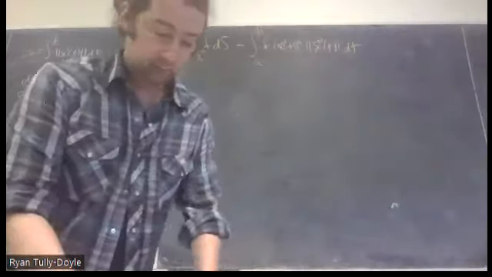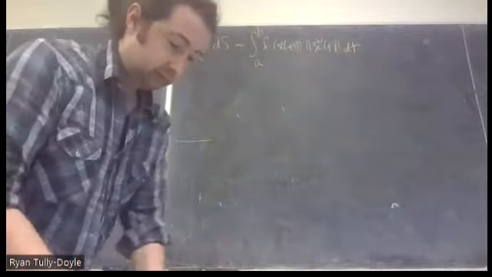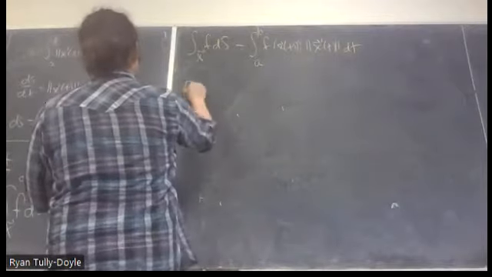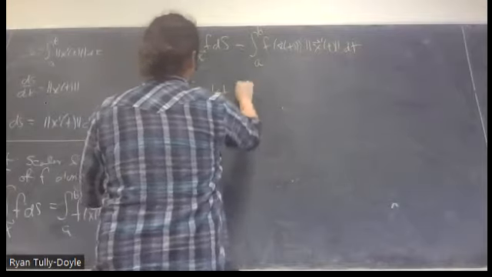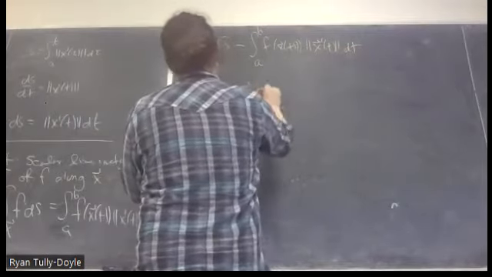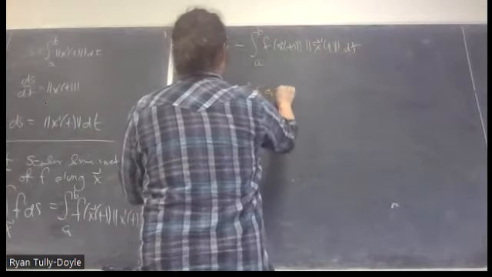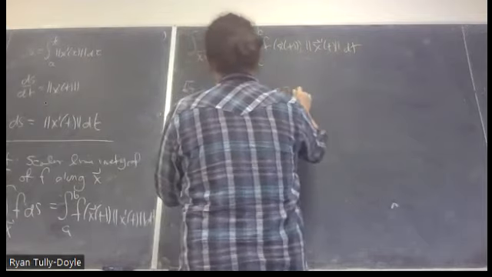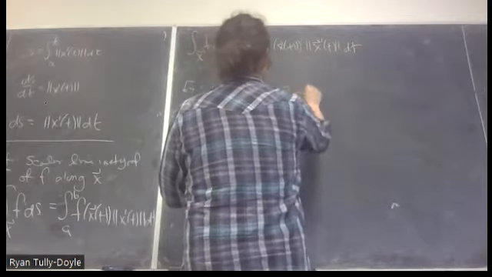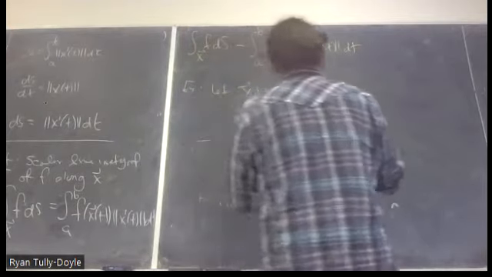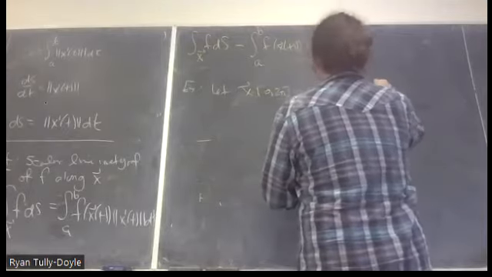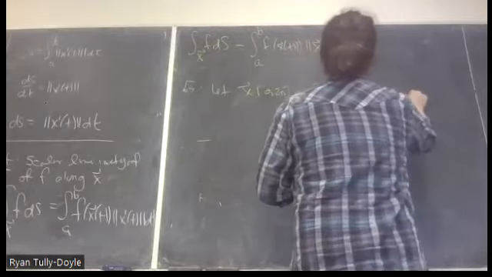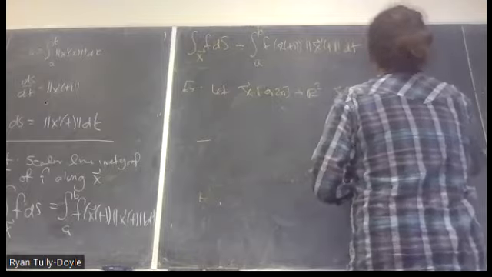Okay, so how do these things show up in practice? An example. Let's say that the path takes 0 to 2 pi into R3 by x of t equal to cosine t, sine t, t.